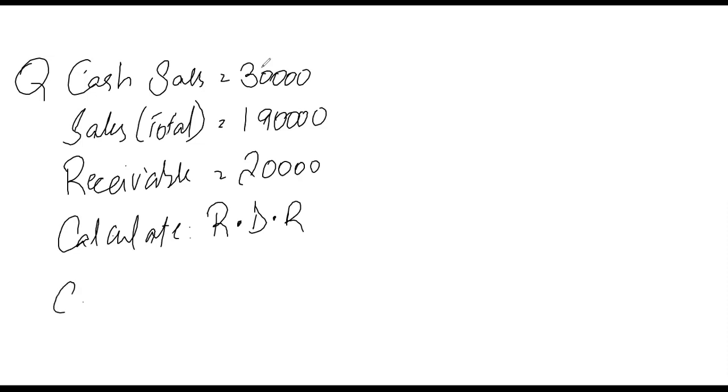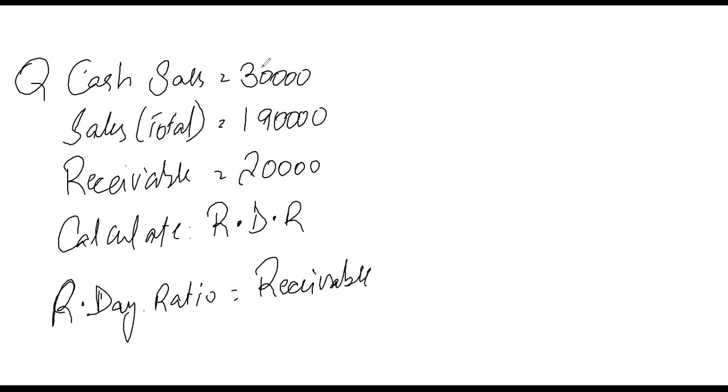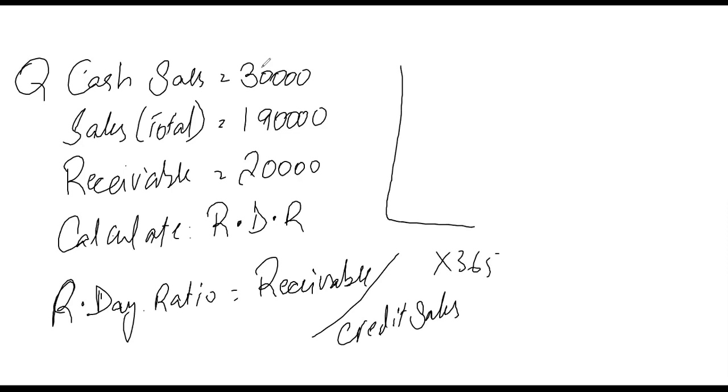So if I calculate the receivable days ratio, I'll be using a formula of receivables, which we are given in the form of 20,000, divided by credit sales, whole multiplied by 365. Okay, so my receivables are 20,000 divided by credit sales.